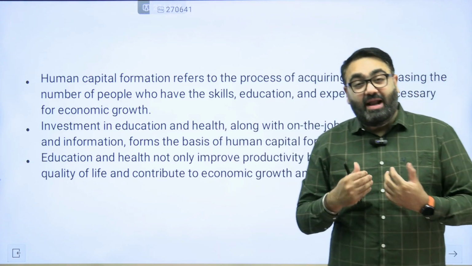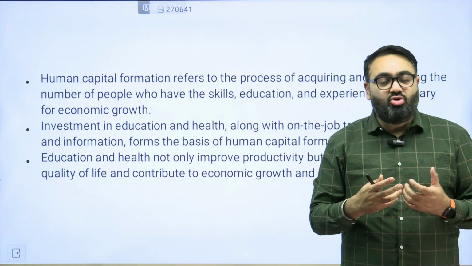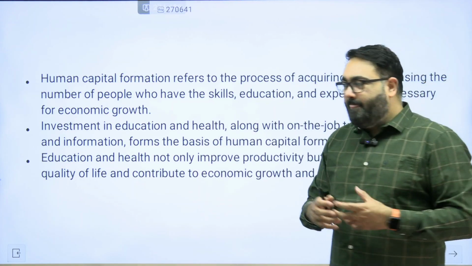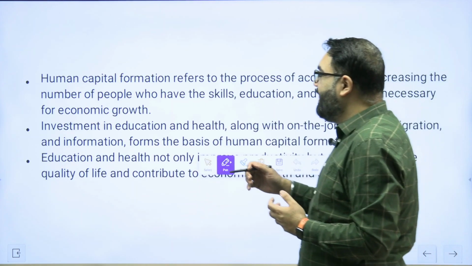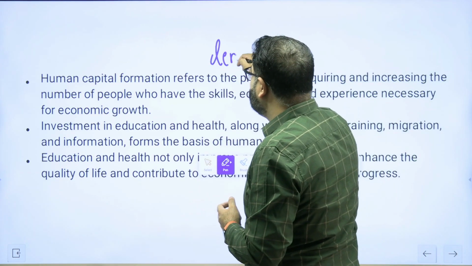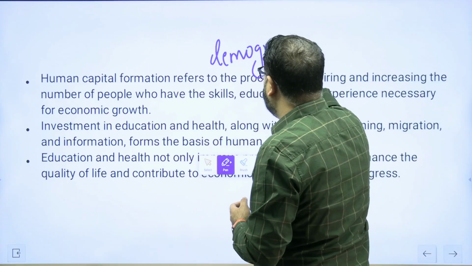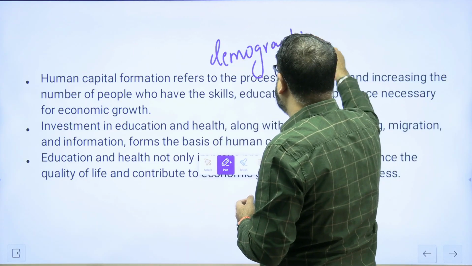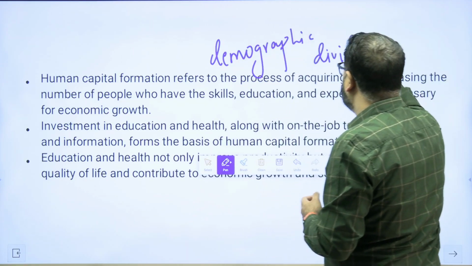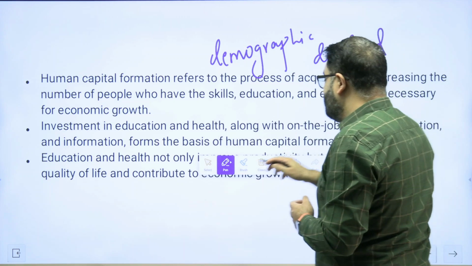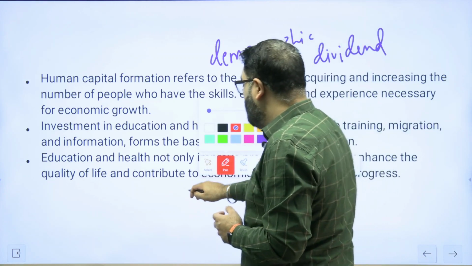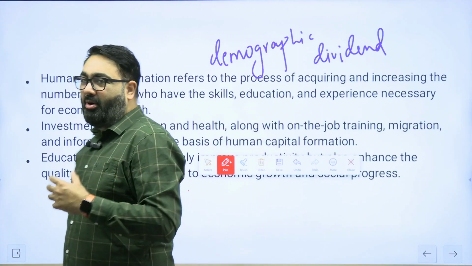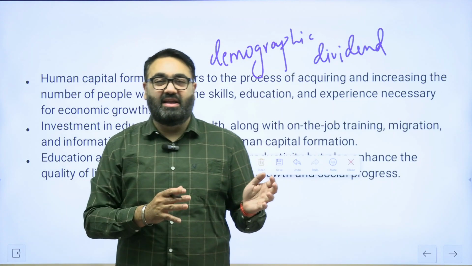Now, for a country like India especially, it is even more important. Why? I'm sure all of you would have heard this phrase time and time again, that India is experiencing something called demographic dividend. India is in a stage of demographic dividend, which refers to a situation where most of India's population is in the working age.